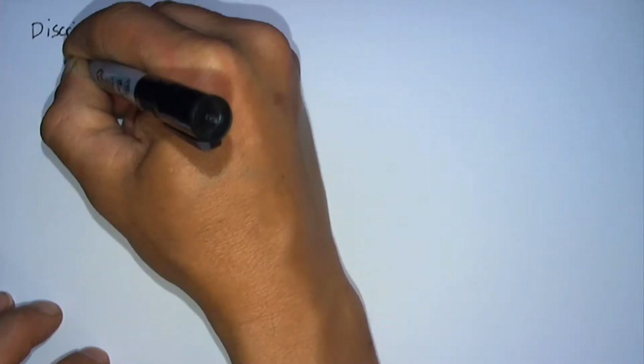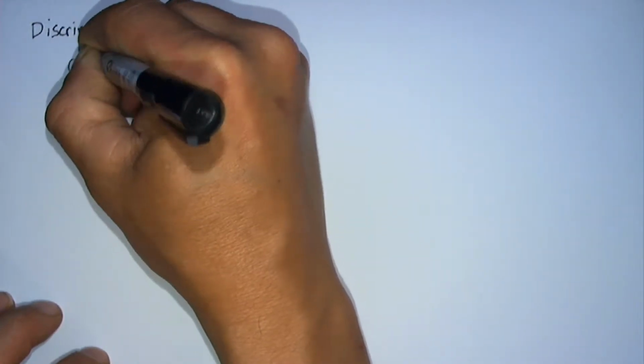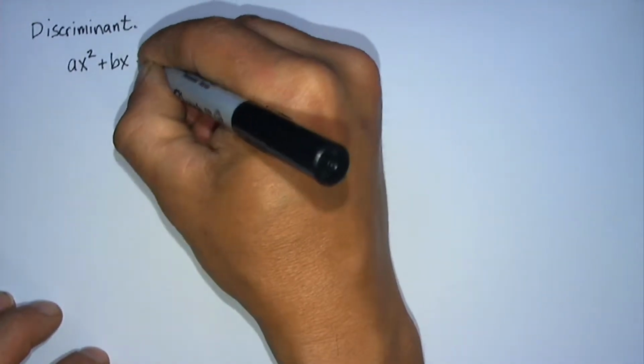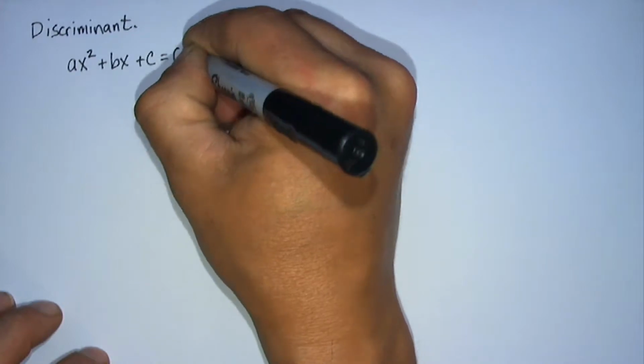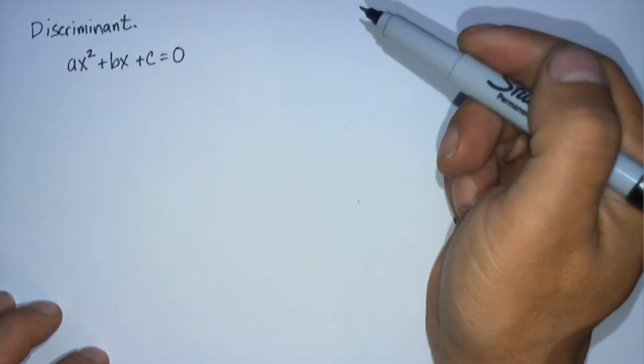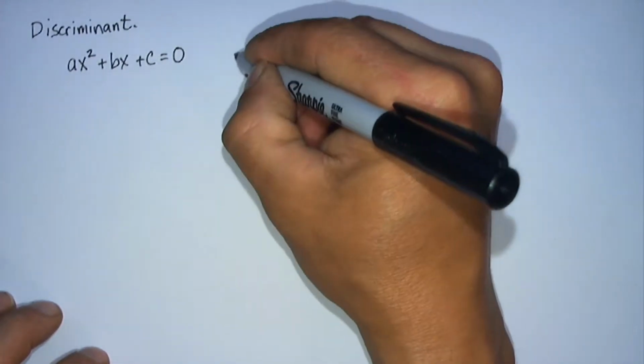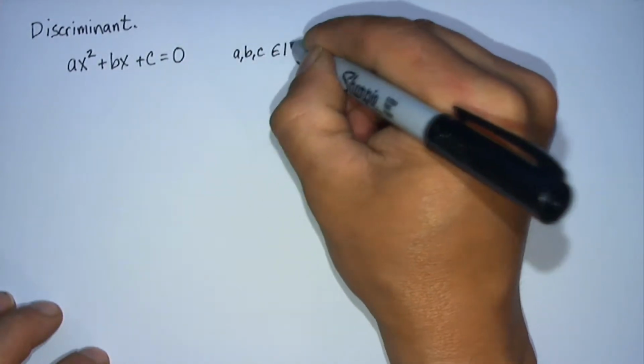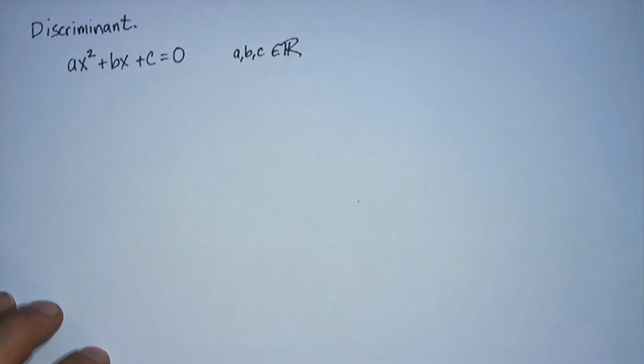So say we have a quadratic equation here, ax squared plus bx plus c is equal to 0, where x is the variable that we're solving here, the unknown, and a, b, and c are real numbers.